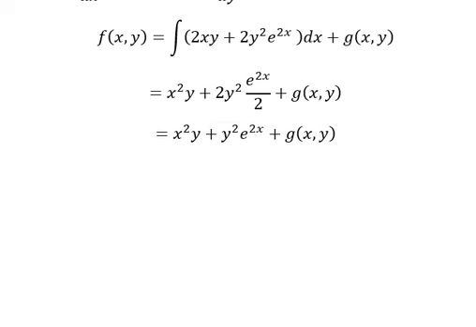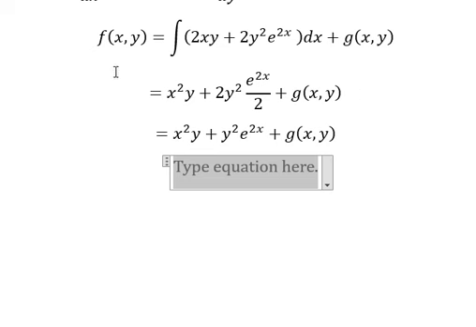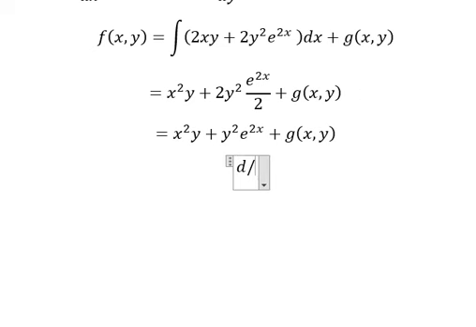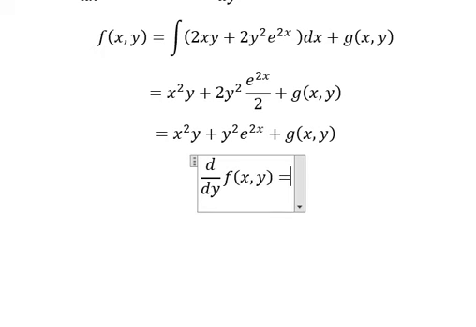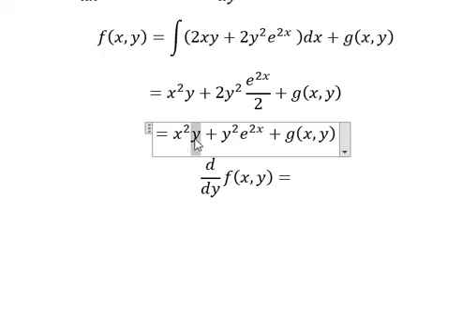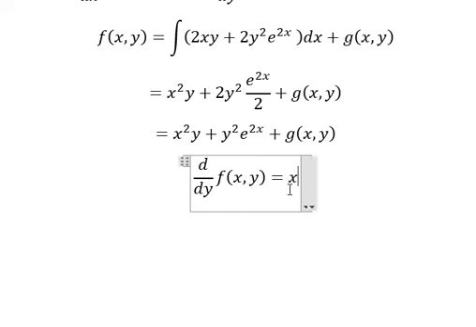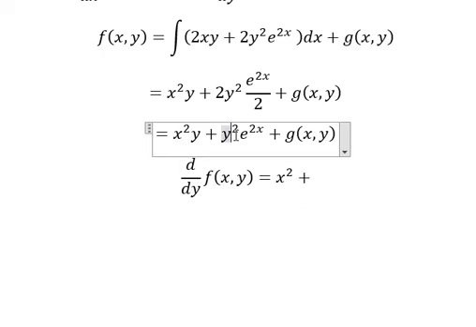Next, we need to do first the derivative of f with respect to y. So this one we have number 1. This one we have 2y.